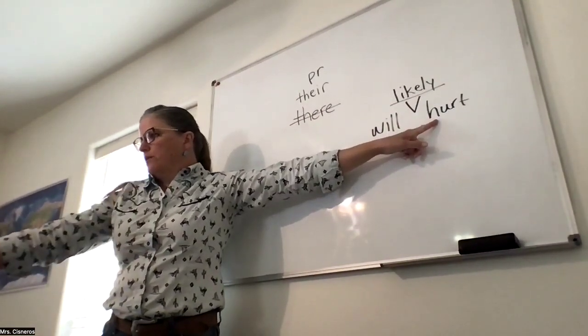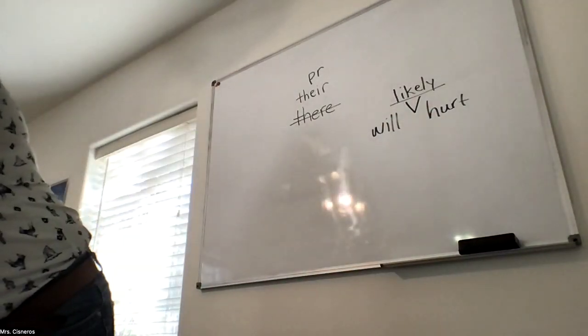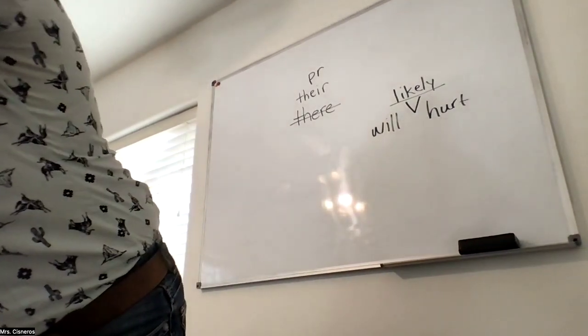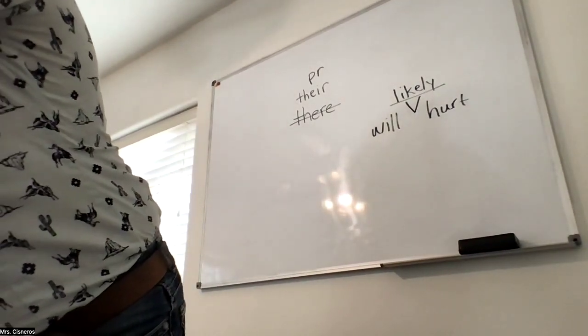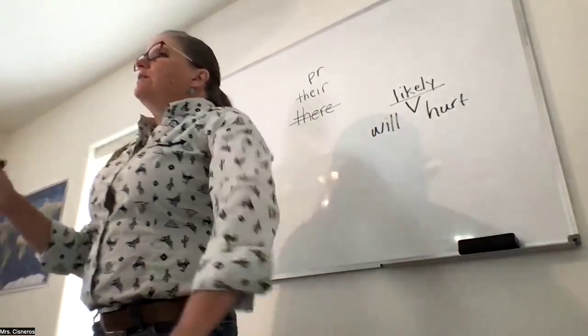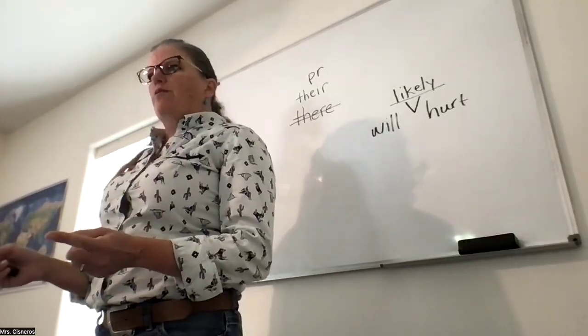So check yours really quick. Look at your last sentence. Oh, you got yours. That's good. Look at your last sentence here. Good. I'm glad you found it. And you have likely. So go ahead and just underline that word likely. The reason why you're underlining it is because it is a dress-up word. We talked about it last week.